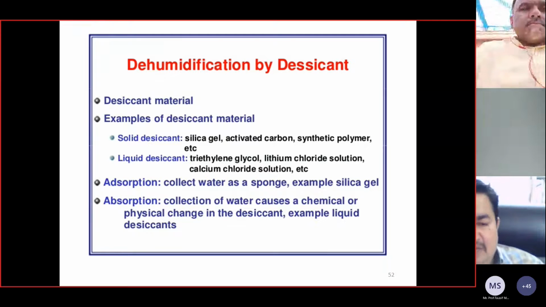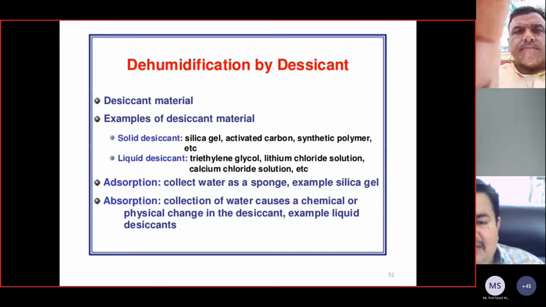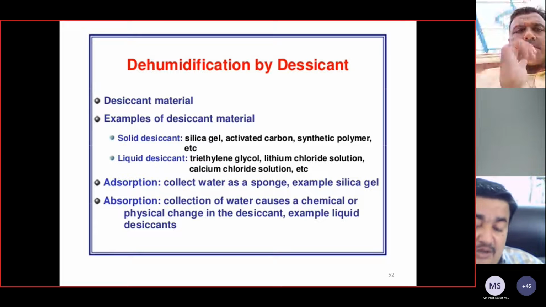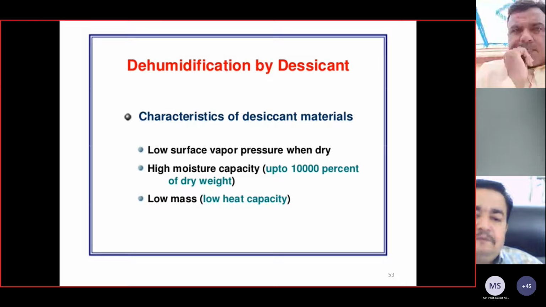And in absorption cooling, the liquid desiccant is primarily associated with the collection of water chemically mixing throughout the structure of the desiccant. So whenever we get the term adsorption, it means solid desiccant cooling, and whenever we come across the term absorption, it means liquid desiccant cooling.